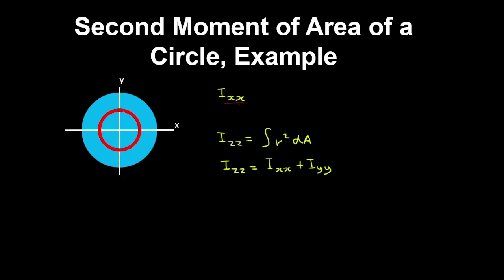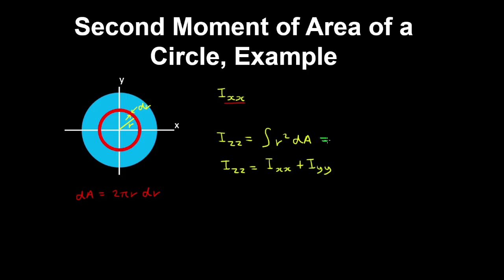So here we'll take an infinitely thin circular ring which has a width dr, and the distance from the origin to this ring is r. So therefore the differential area of that ring is 2 pi r, being the circumference, and multiplied by the thickness. So effectively we're rolling it out as a rectangle.